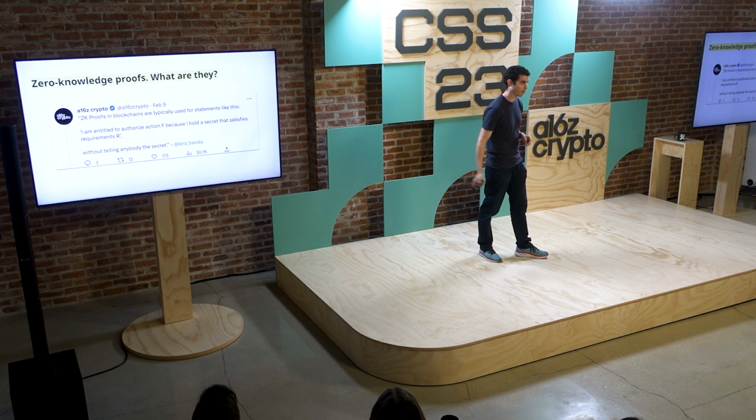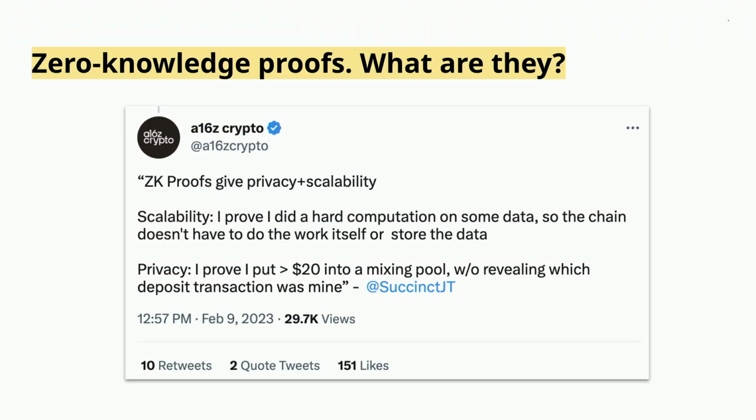And then mine was the final tweet. I specifically broke things up into the privacy aspect, which the term zero knowledge really refers to, and the scalability or performance aspects, which the term zero knowledge does not actually refer to, even though people use it to refer to both, which is confusing. In terms of scalability, these zero-knowledge proofs often have the property that I can prove I did a hard computation on some data, so the blockchain, for example, the verifier, doesn't have to do the hard work itself or store the data.